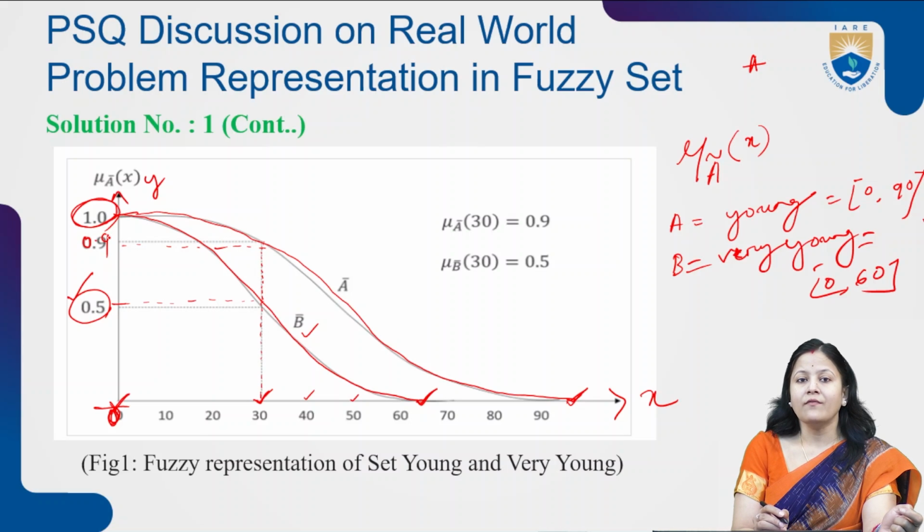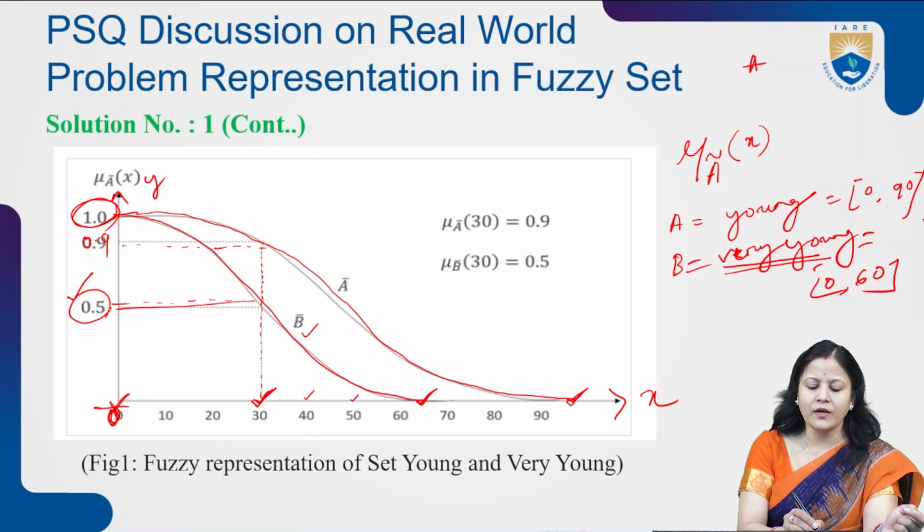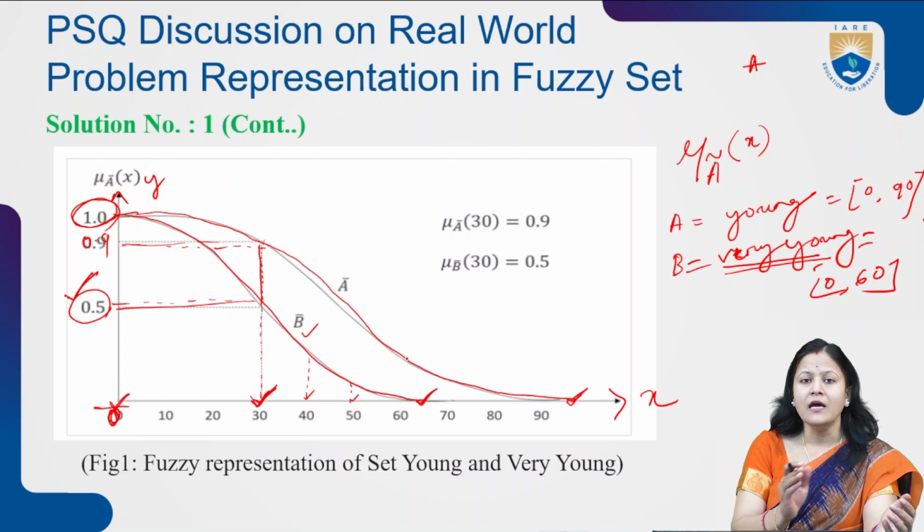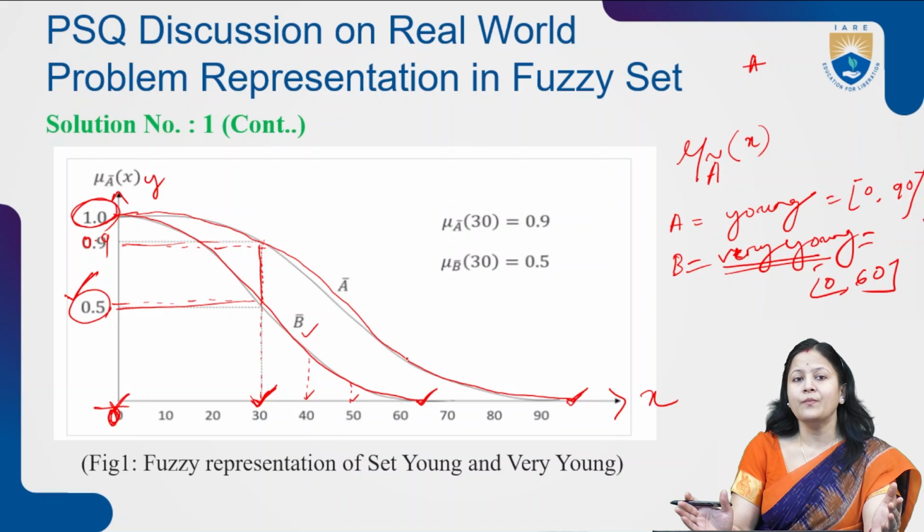So what we have understood is that at 30 years of age, for the very young people, the B set, the membership value is 0.5. And if you continue the same line to set A, then at 30 years of age the membership value is 0.9. Similarly, you can find it at the age of 40, 50 and 60; gradually the membership value will decrease.